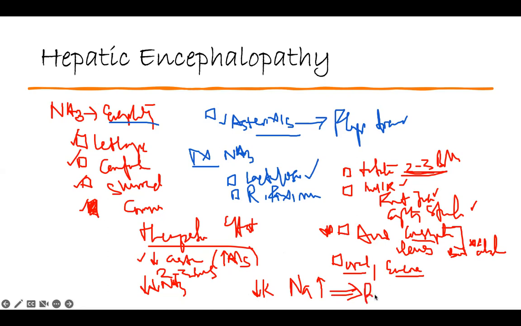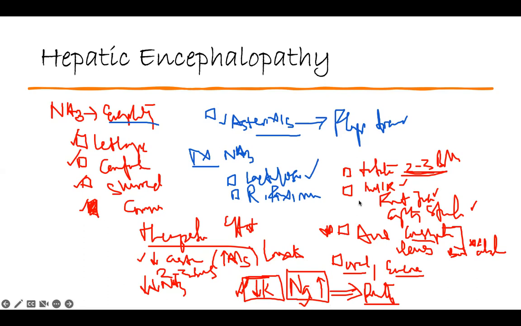This can be a priority question they ask you: giving a patient lactulose, what is your priority? Potassium goes down, and hypokalemia is not good. And their sodium goes up because of the laxative effect of lactulose. So watch for their potassium, which goes down, and sodium, which goes up.